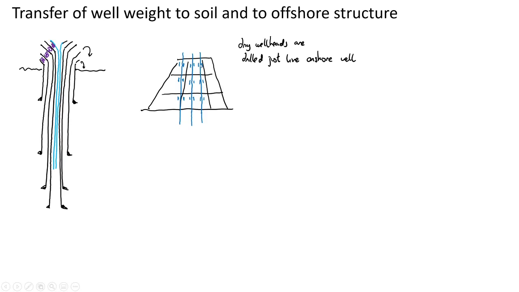Okay, so you have these rigidizers that make sure they stay linear, that they are on a line. But here the main point is that the weight is transferred to the soil through the conductor, but the structure doesn't take any weight.